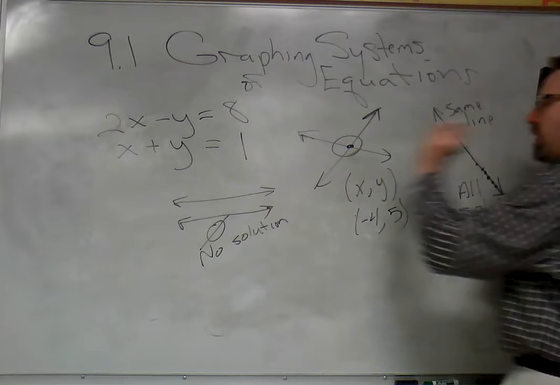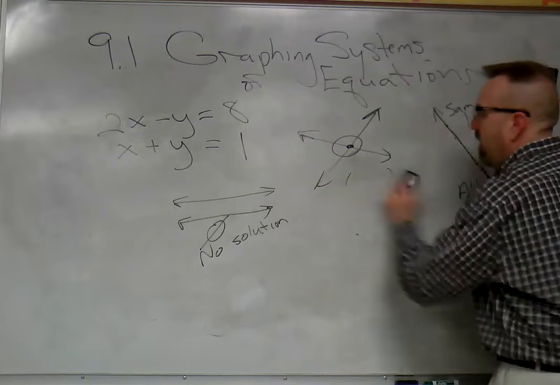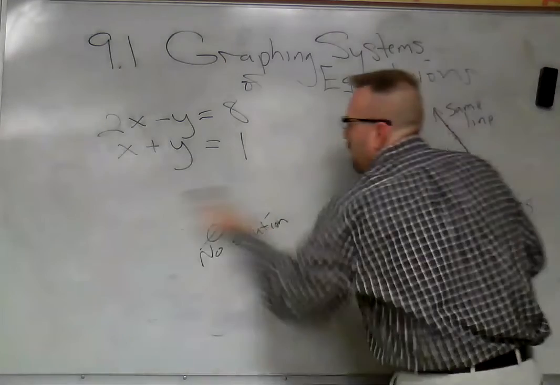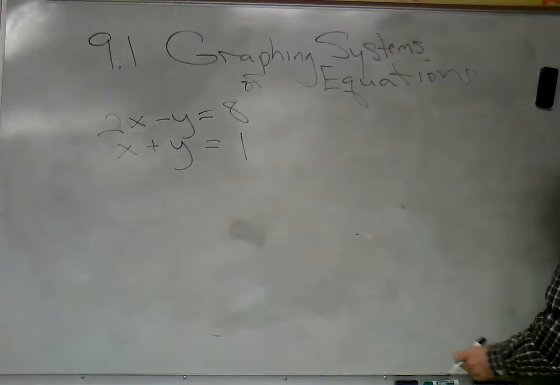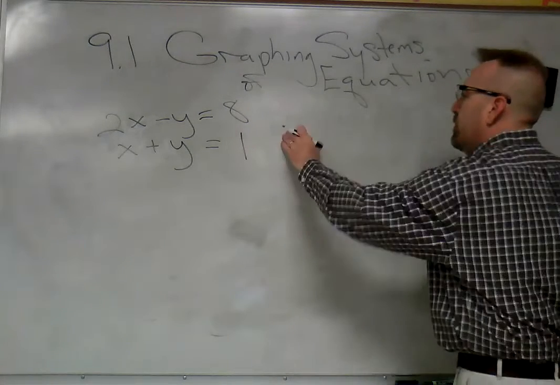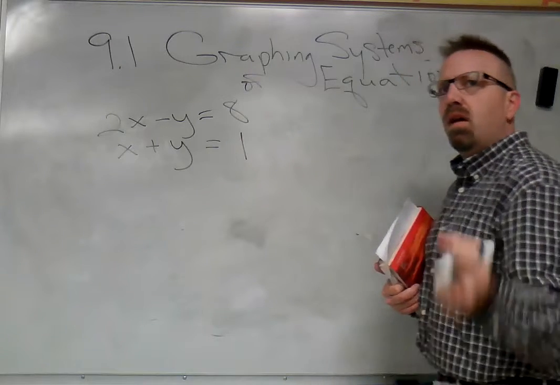So what we're going to look at is how to go ahead and take those two equations and graph them. One thing I would suggest is using graph paper on your assignment today. It'll make it much more accurate. Of the 3 methods I'm going to teach you, graphing is the easiest, but it's not always the most accurate.